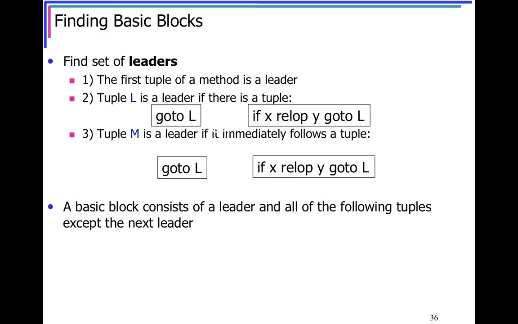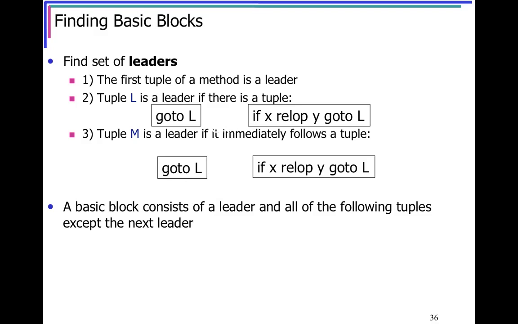Second, in the slide I call them tuples, but they're just instructions. An instruction is a leader if there is an instruction that points to it, that is, there's a jump to this instruction, or there's a conditional branch that has one of its edges pointing to this instruction.